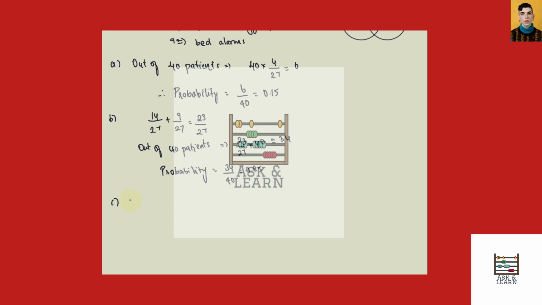So odds in favor of oxygen will be given as the ratio of the probability of patients on oxygen and the probability of patients not on oxygen.